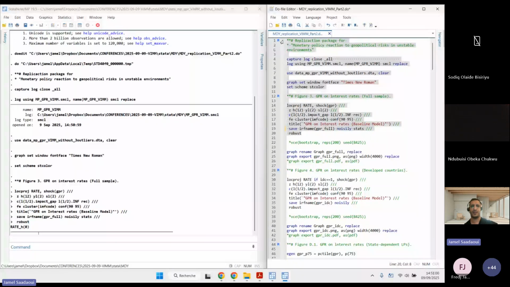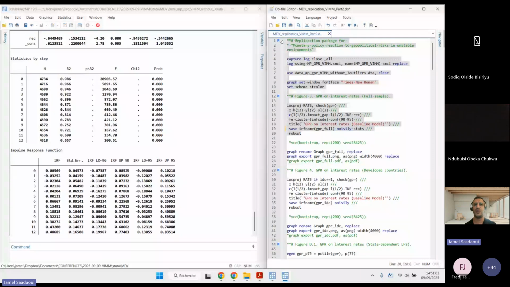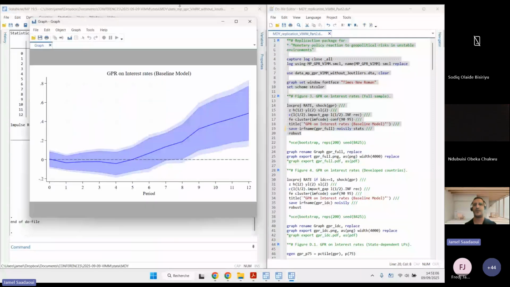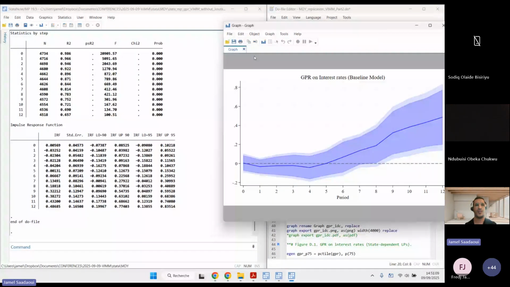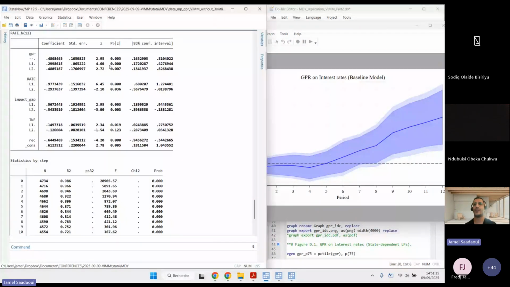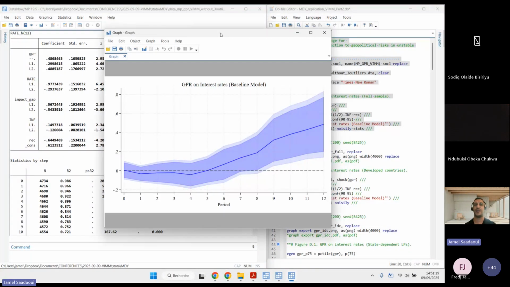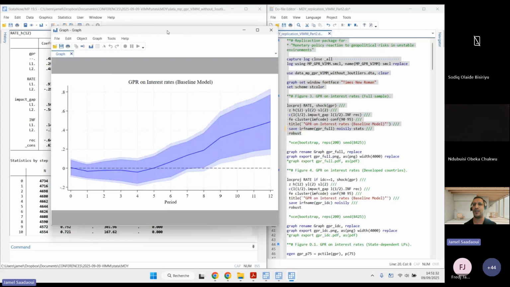So you have an inertial Taylor rule in which we included the GPR term, which is here, okay? The GPR inclusion into the Taylor rule can be justified because GPR shocks are inflationary and they also have a negative impact on growth. So you can build a theoretical model in which you justify the introduction of the GPR. What you can see here is the full sample.